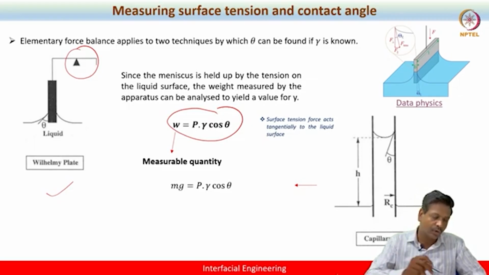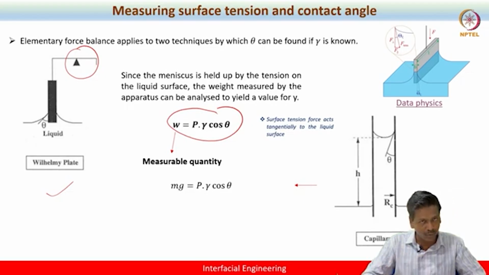What this weighing balance does is take this Wilhelmy plate and measure its weight before it touches the liquid, and take this weight of the plate as the reference weight.